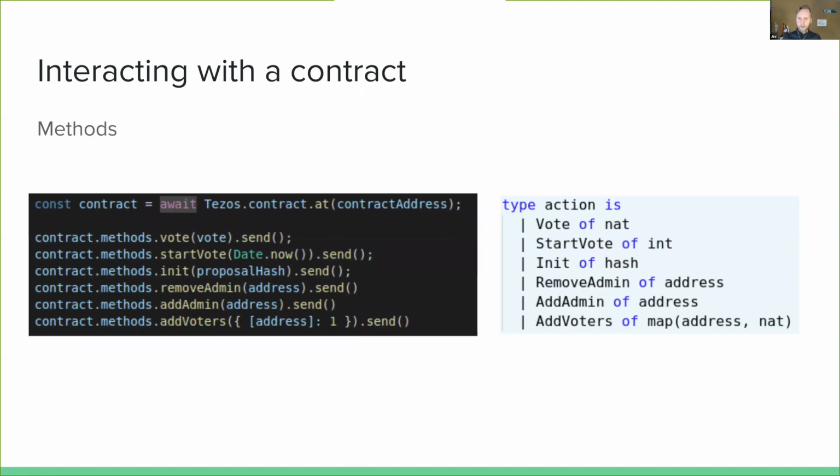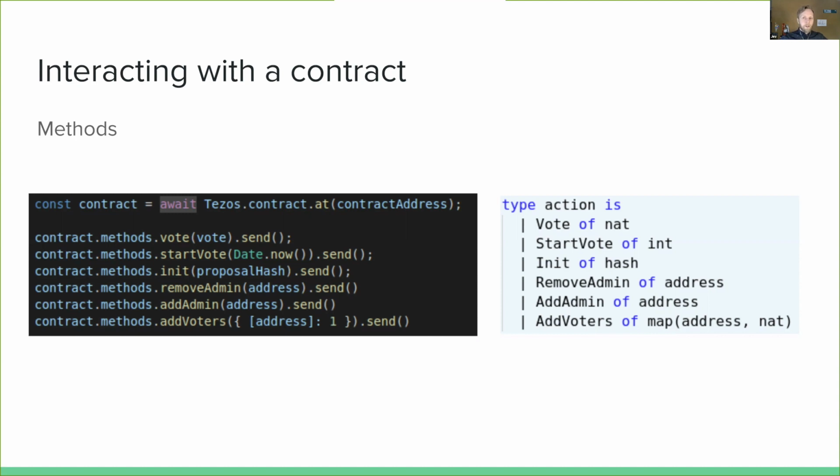Okay, so then we'll go over interacting with the smart contract here again. I showed you the vote method earlier on in the VS Code editor, but I just want to show you all of them here. On the right-hand side, we have a type definition for the entry points, again written in LIGO. And we have vote, start vote, remove admin, and add voters. Each of these gets compiled by LIGO into Michelson and sent to the chain. And then later on, Taquito will come along and read that Michelson.